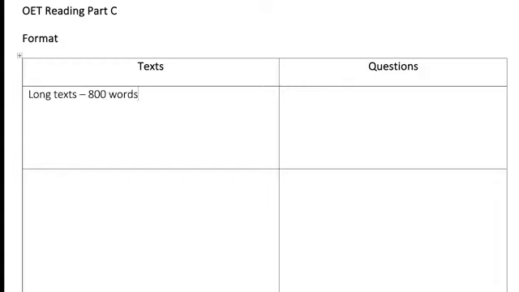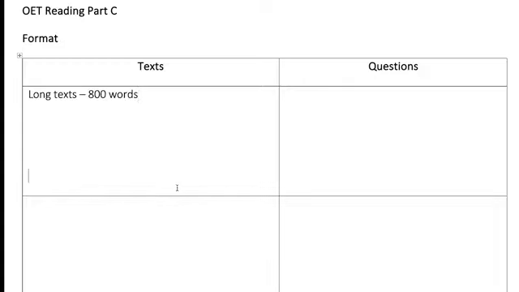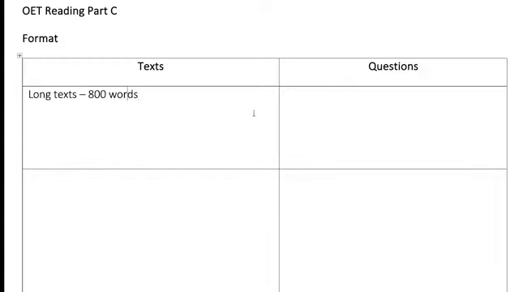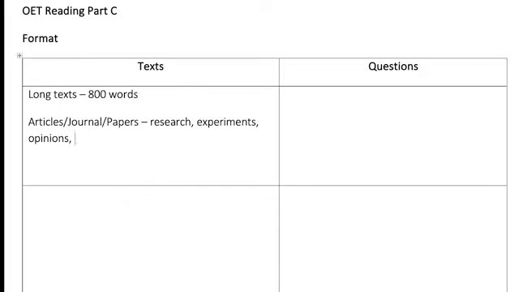What you can generally expect is articles, sort of journal-type things, papers, and they will contain things like research, experiments, opinions, findings, predictions, quotes, that kind of stuff.